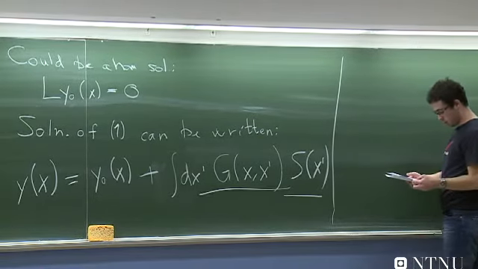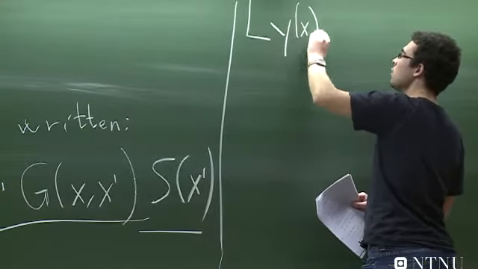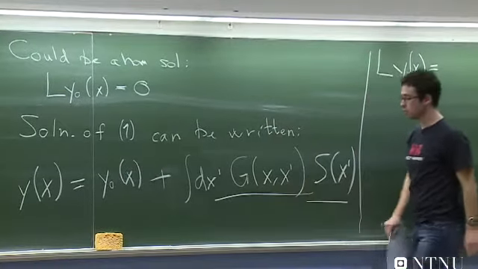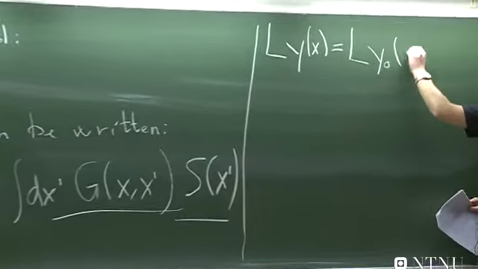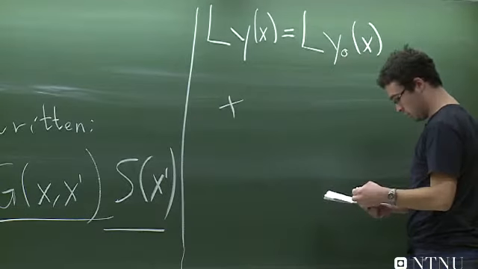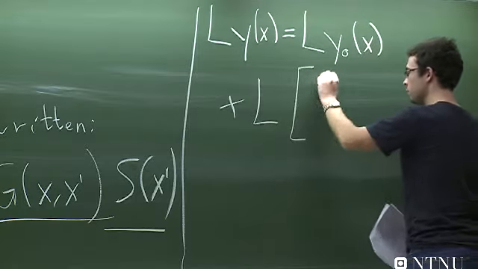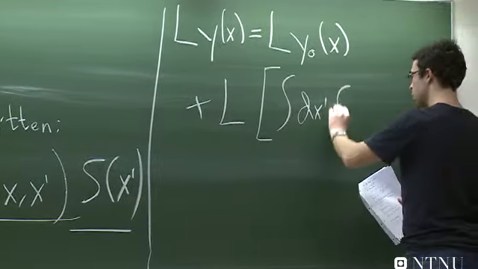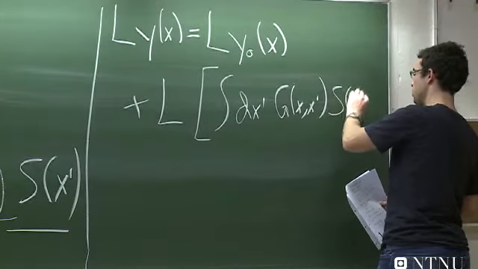Let's see, so I operate with L on y, on the left-hand side here. On the right-hand side, that's these two terms. So it's first of all L y naught of x plus L on the integral dx prime g of x, x prime, S of x prime.